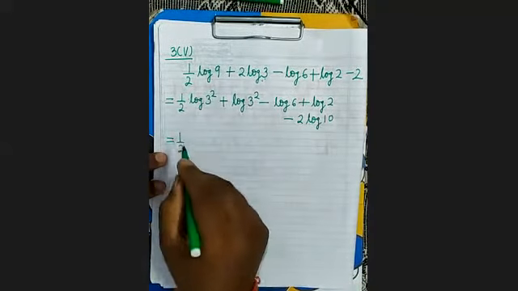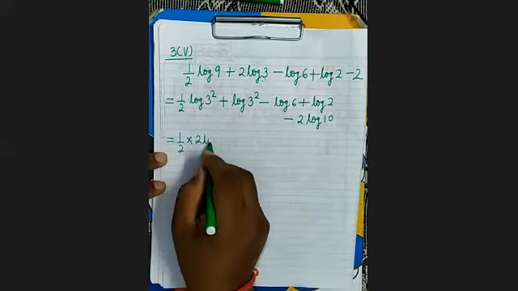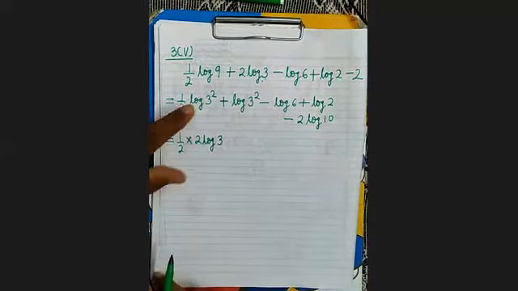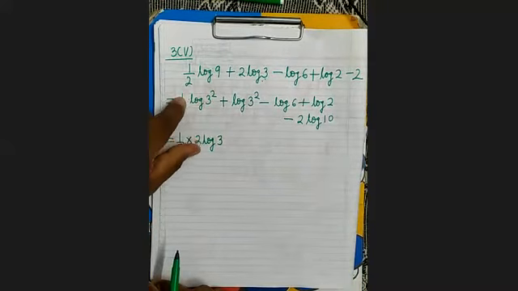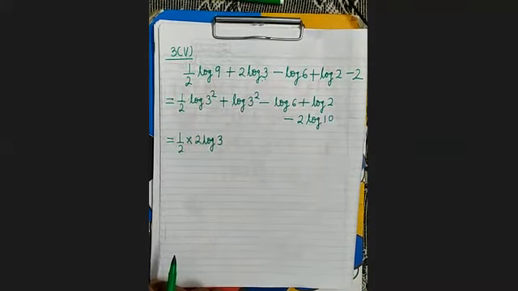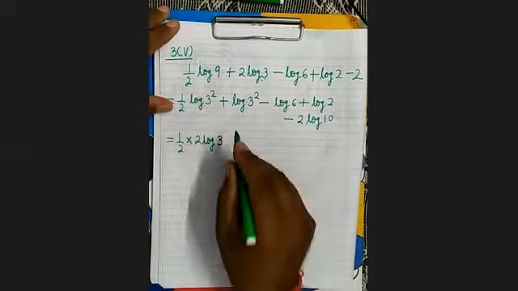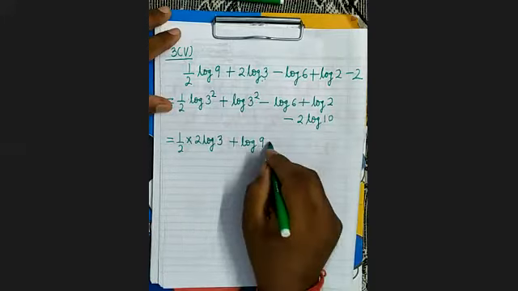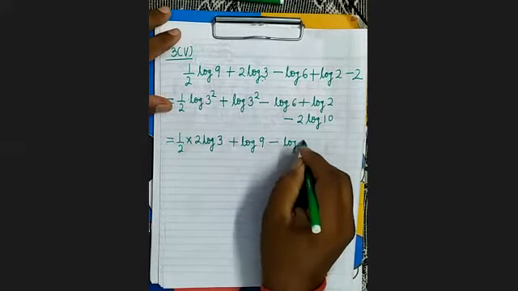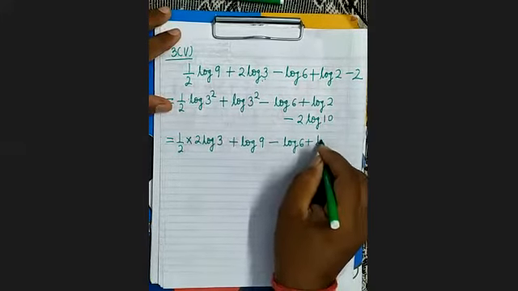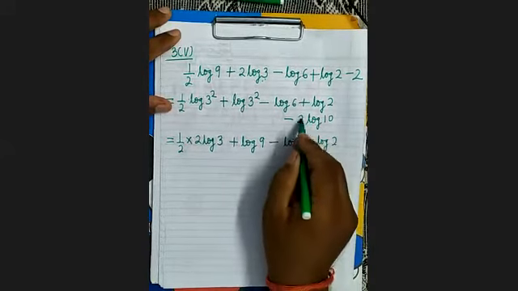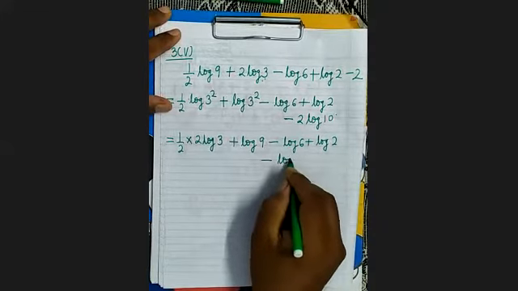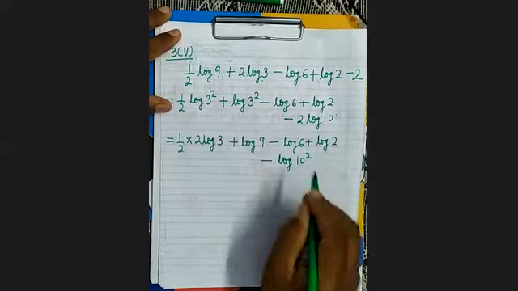This 2 you will write before log 3 by using the power rule: log 3 to the power 2 is 2 log 3. 2 will come before the logarithm. Plus log 9 minus log 6 plus log 2. And this 2 you take, the minus sign will remain here only, and you write down 10 square.